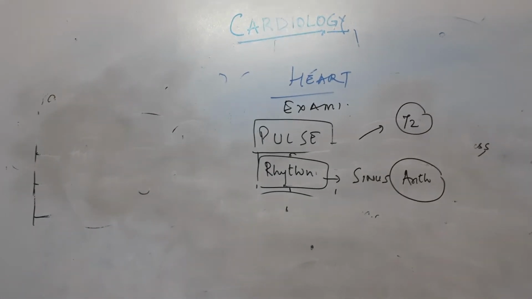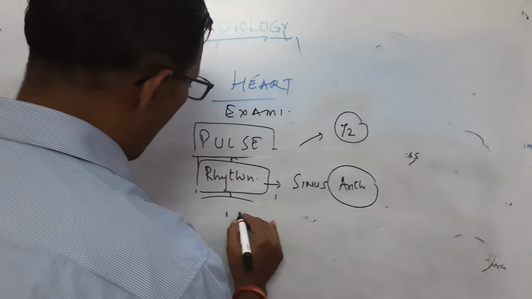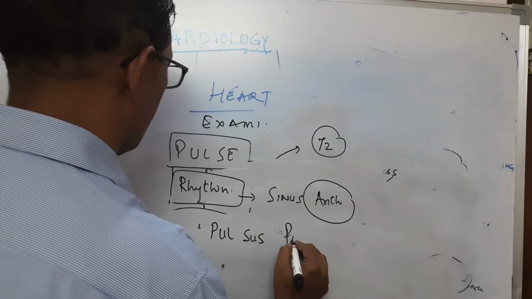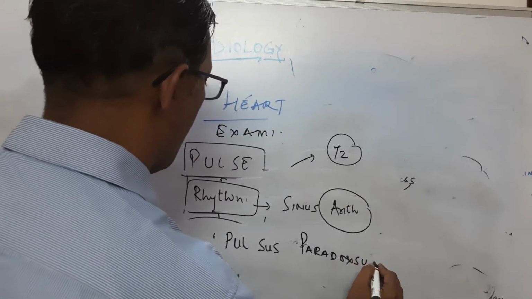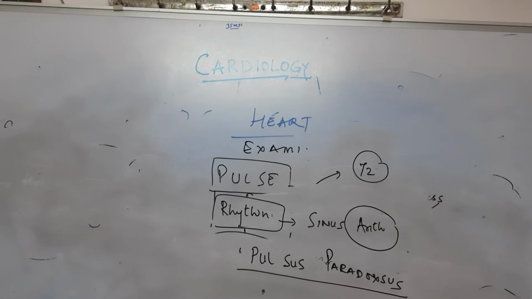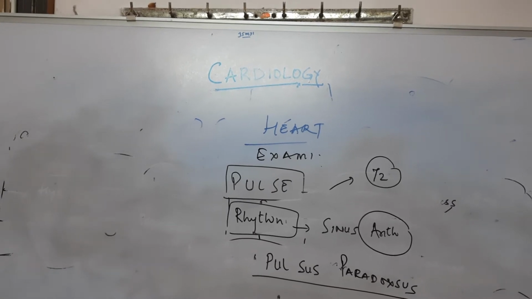Now you have the pulsus paradoxus. This is the most asked pulse. What does pulsus paradoxus say? During inspiration, you have a decrease in BP.